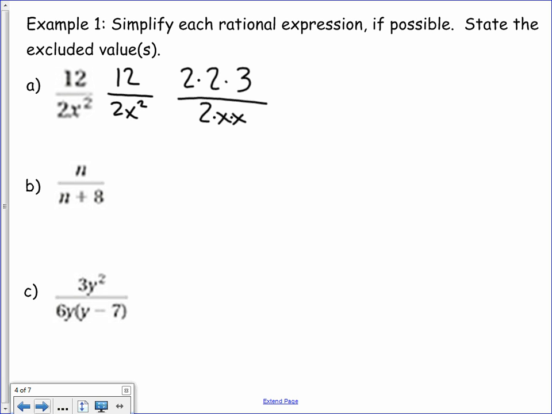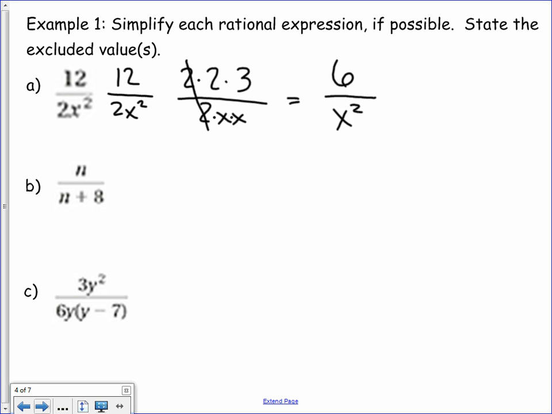Well, factoring that out, now we're going to divide out anything that's common. Well, the only thing that's common are the 2's. Then we can simplify what's left over. So 2 times 3 is 6 over 2x's multiplied together is x squared, okay. And now we just have to state what value of x will make the denominator 0, or what is our excluded value.